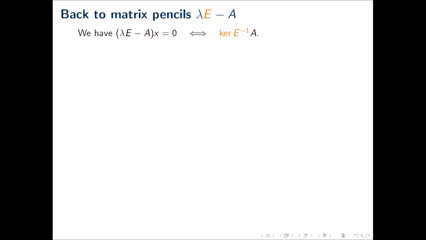This is what you expect. Sloppy speaking, you multiply with E minus 1, and then you get it. Let's say if E is an invertible matrix, this would be clear. But now we can also write it in this way. If you want to check it, this is just one line. It's actually nothing special.